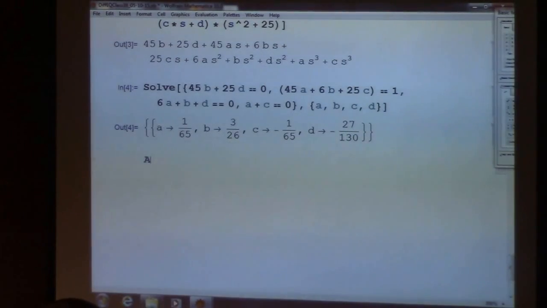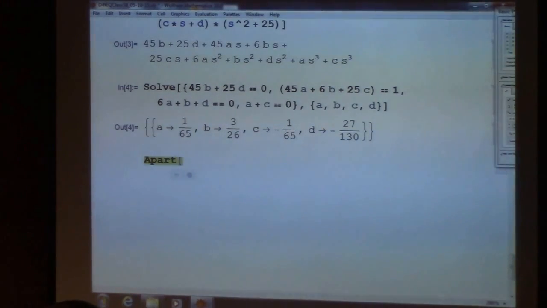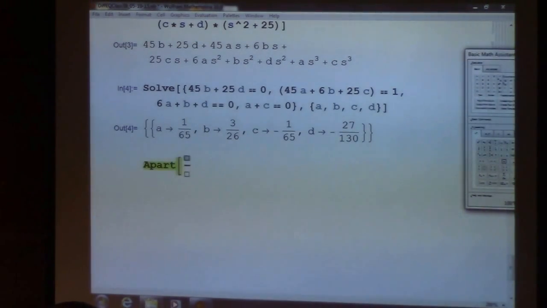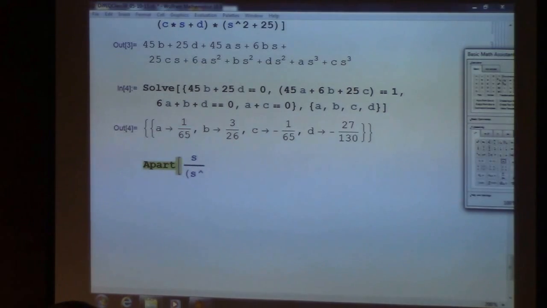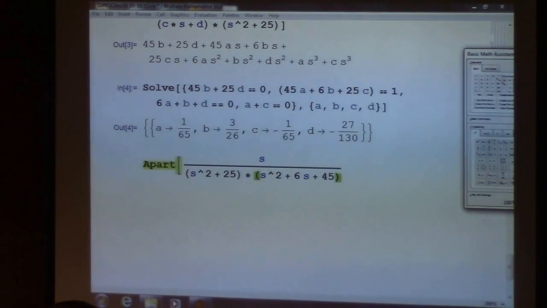Actually, I know a quick way to check this all at once is with something called Apart in Mathematica. Apart will do partial fractions. I think I use that in my solution key as well. That's the way we can check the work here.